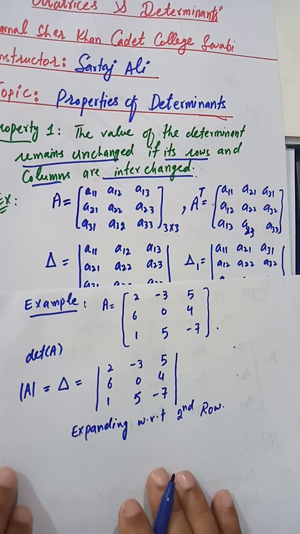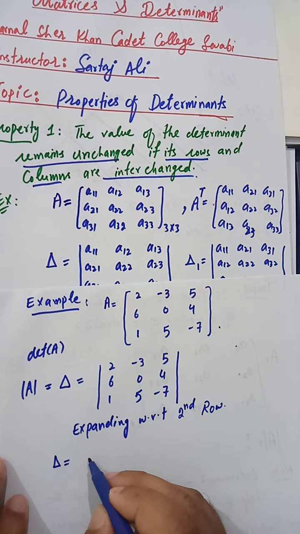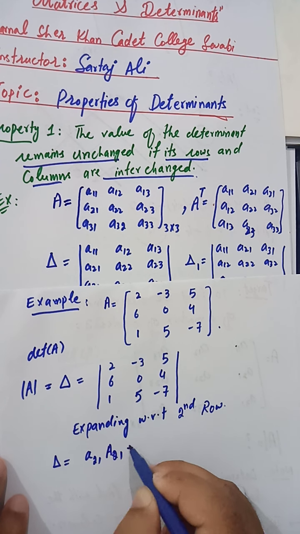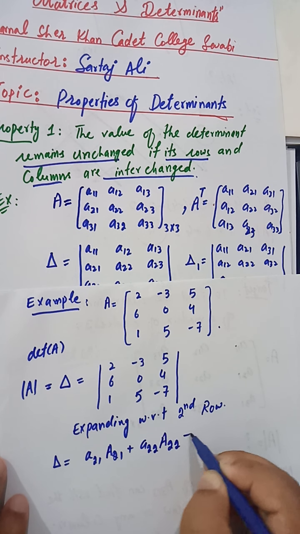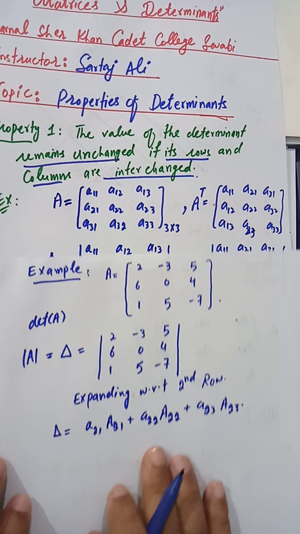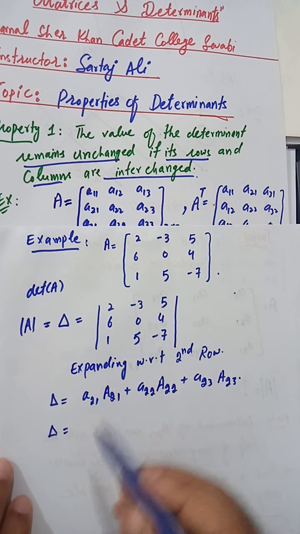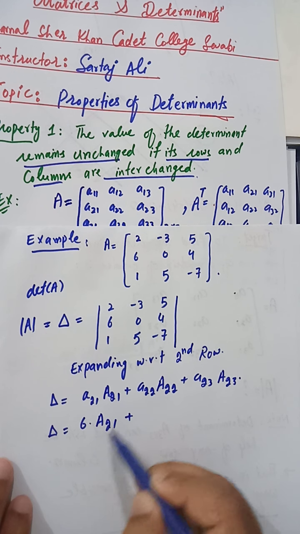When you are expanding a matrix with the second row, in general the formula is a21 capital A21, plus a22 capital A22, plus a23 capital A23. Here the small a21 is 6, and you need to find the capital A21, which is the cofactor.